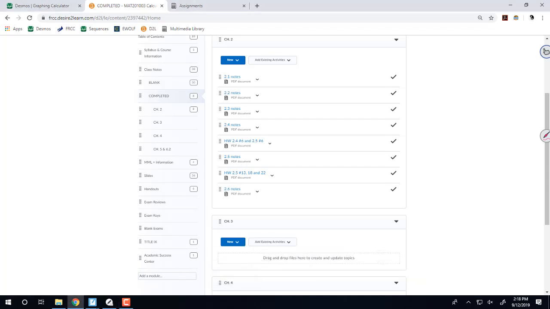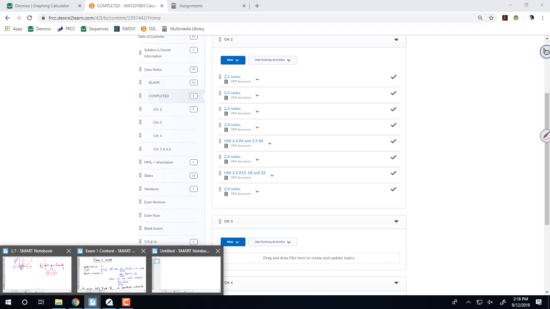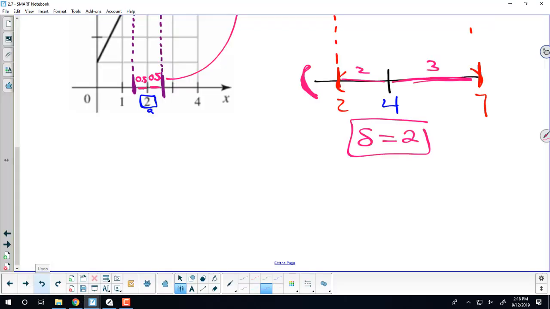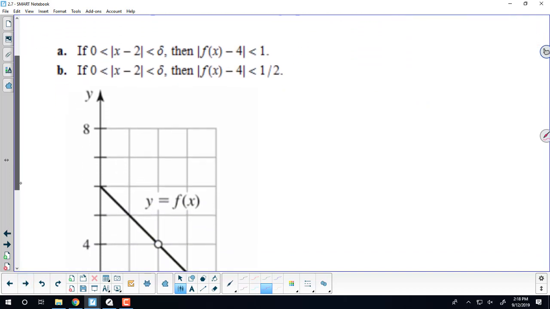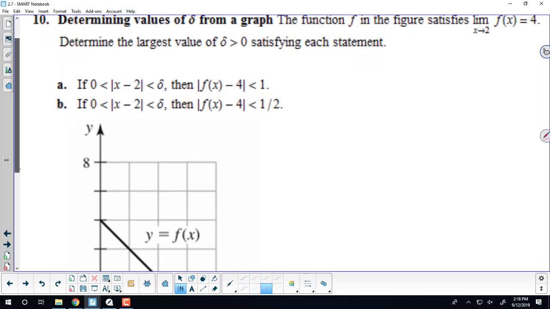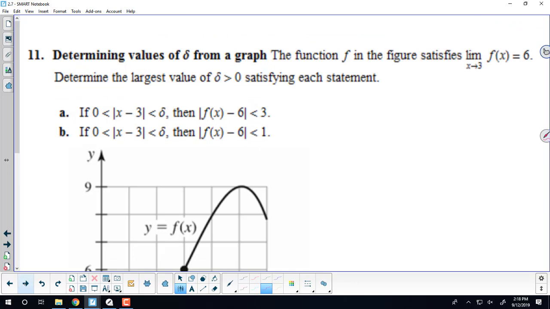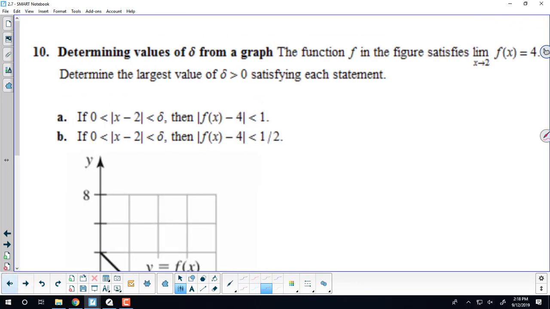For the sake of moving things along, why don't you all try example 10 and example 11. All you want to do is say what delta has to be for those particular epsilons. Oh, you have a handout for those functions?